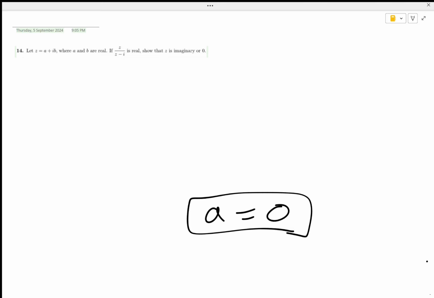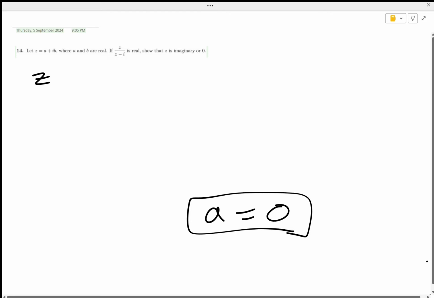Alright, so now that we have the a, let's continue with what we would have left. So z equals a plus ib would become ib by itself.